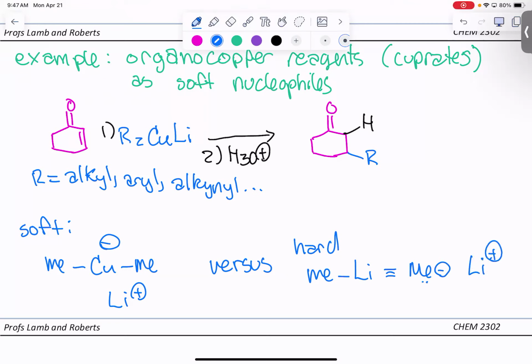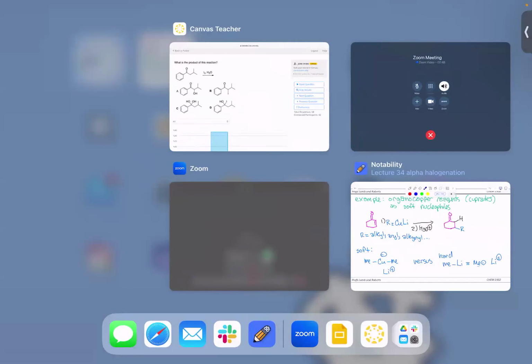Now what we see here is our nucleophile is this metal carbon bond, but the negative charge resides on this really electron-rich copper, element number 29. So we don't need to worry about that negative charge being on the methyl group, so it's a very soft nucleophile. All right, so let's see if we understand that concept, and let's go ahead and do our second chime in for the day.